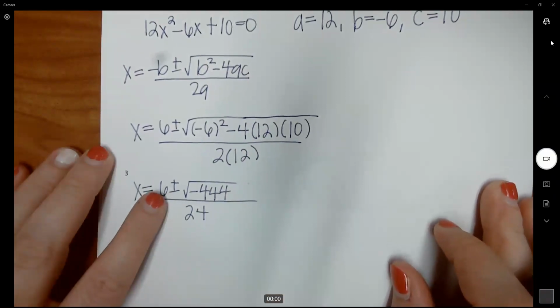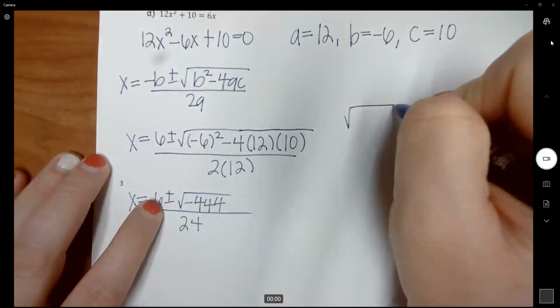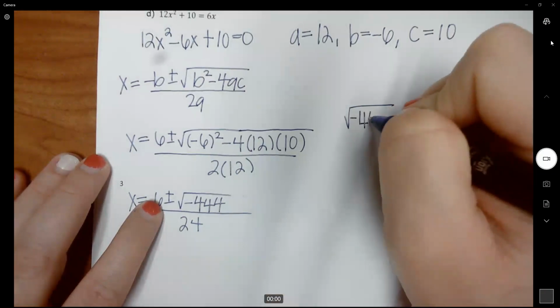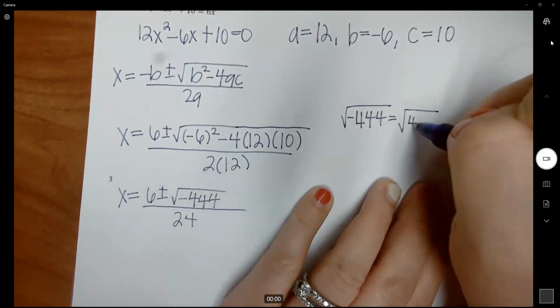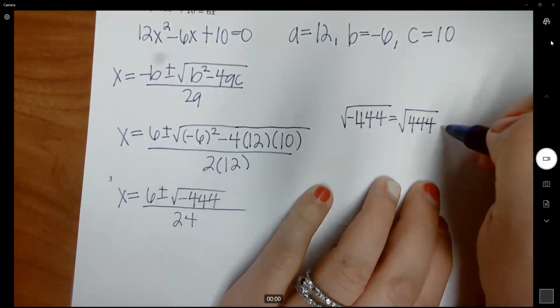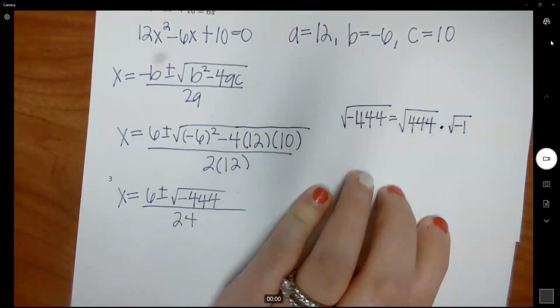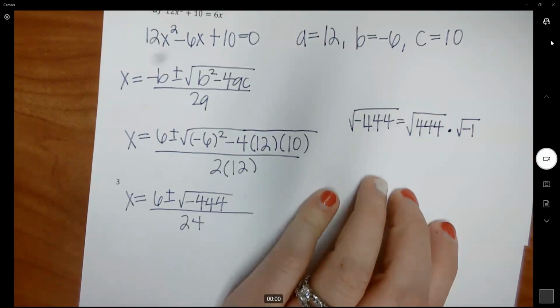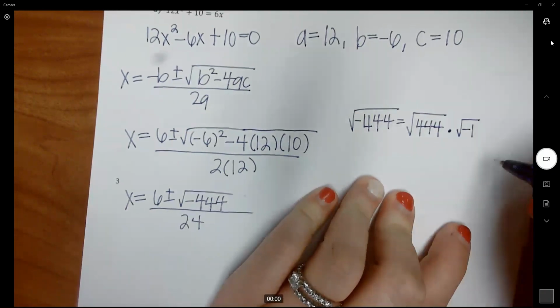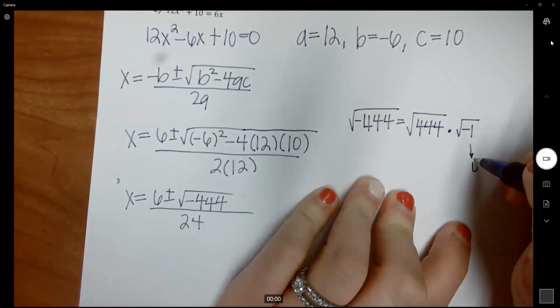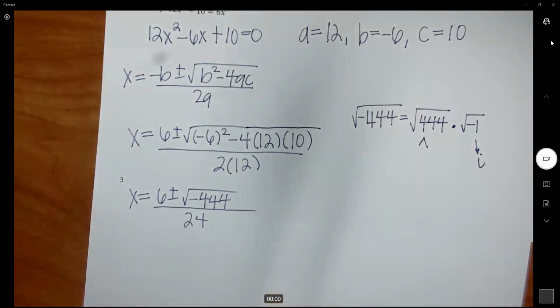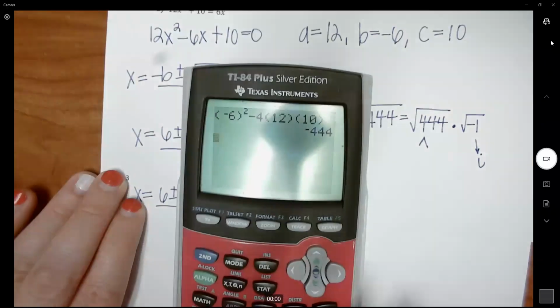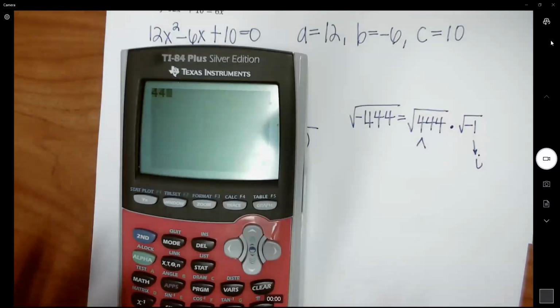Okay, we have to simplify this. So the square root of negative 444 is the same thing as the square root of positive 444 times the square root of negative 1. Well, I know negative 1 is where my i comes from. So now let's break this down. 444, I bet you it's divisible by 4.